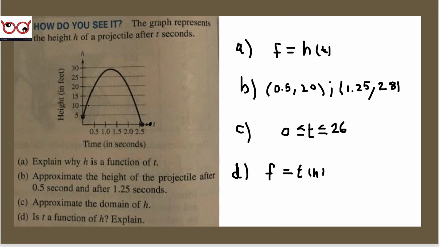As you see here, for example, this point here is in one place, and the other point here corresponds to two places. So the point of h corresponds to more than one value of t. It means it has two values. Therefore, this is not a function. Let me take some pen here and write: t is not a function of h.